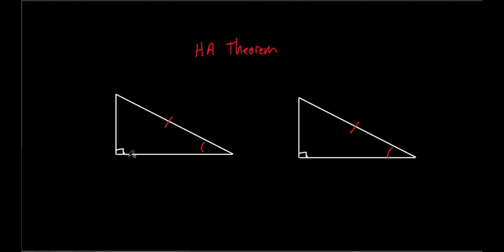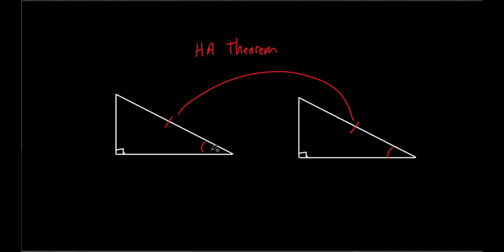Now again, you might have been able to get away with saying angle, side, but since we're dealing with right triangles, they have their own special congruence reasons, and they call it hypotenuse angle. Everybody see that? The hypotenuse on this one is equal to the hypotenuse on this one.